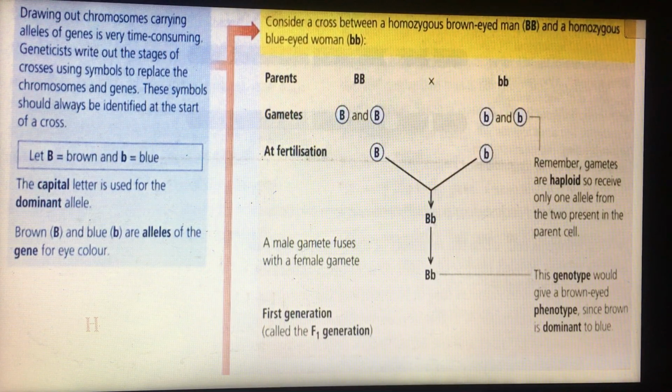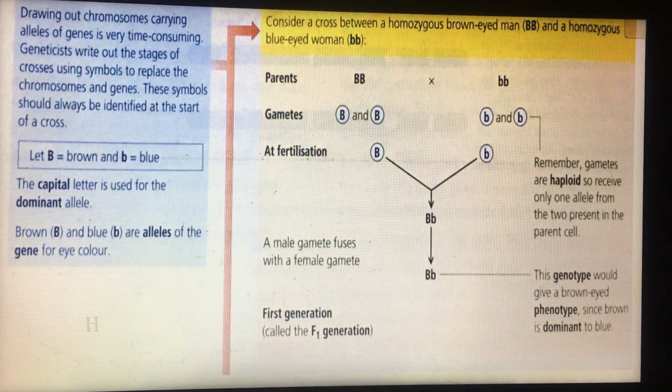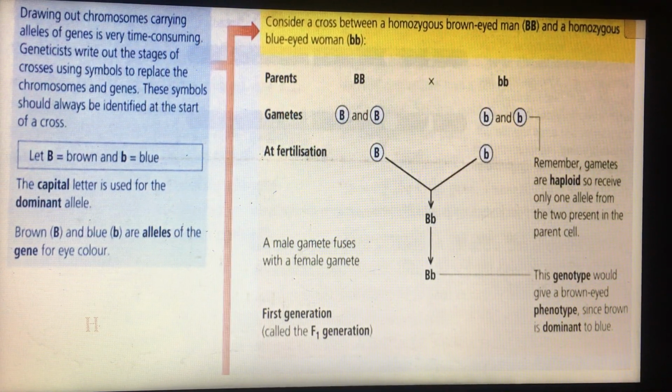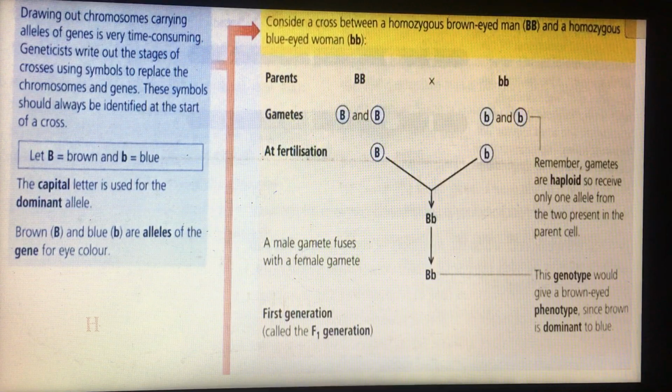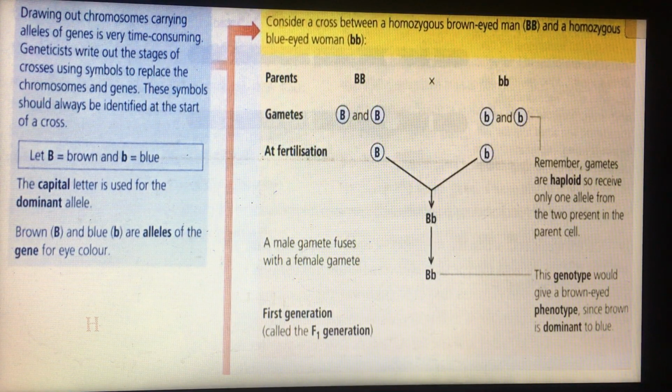And they described in the blue box here which eye color is dominant and which eye color is recessive. So the dominant allele is the one that shows up in the phenotype. So now you will ask yourself, what do you mean by phenotype?